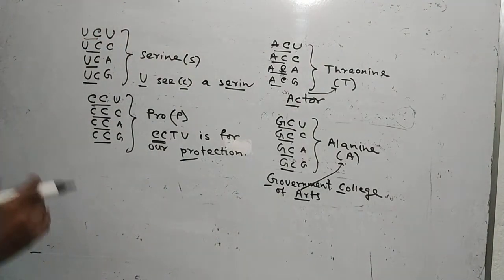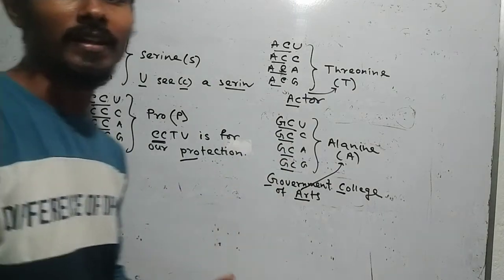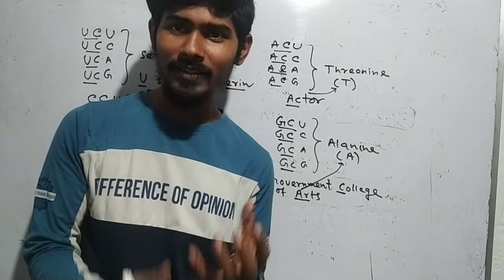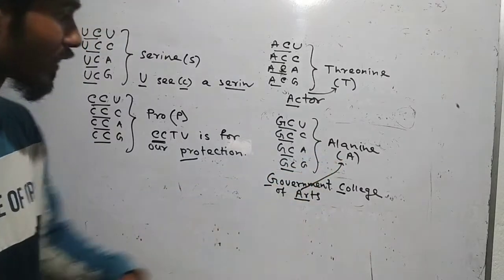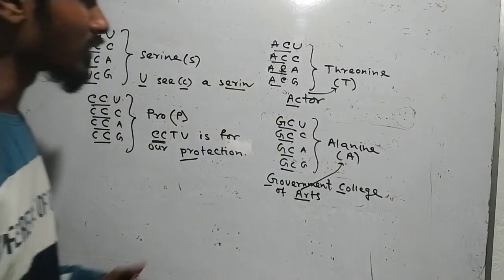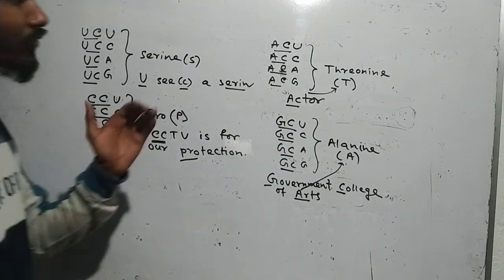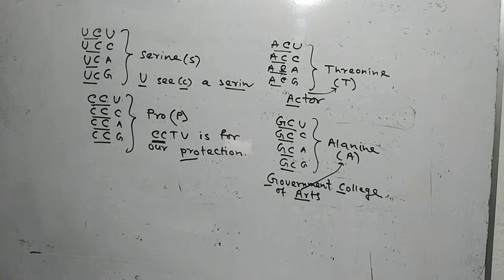So it's going to be very easy for you to remember. Whenever there is GC, you just remember that it is government college GC, and then you just put alanine. Next we'll have the third column and the first row. So let us see.